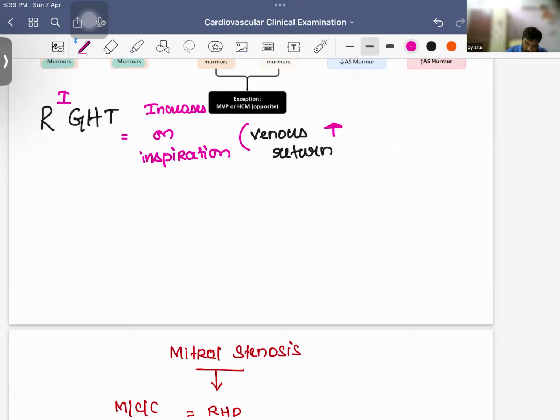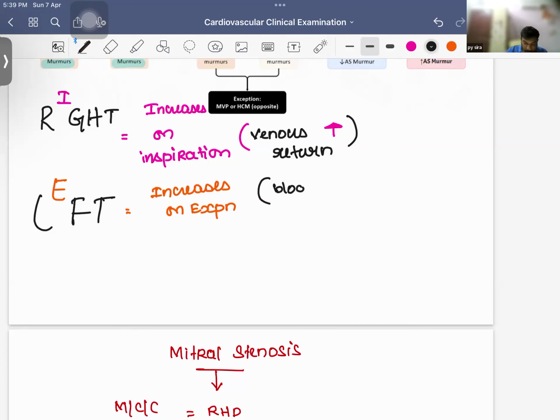Left-sided murmurs increase on expiration, because during expiration blood returns to the left side of the heart. Very, very important.